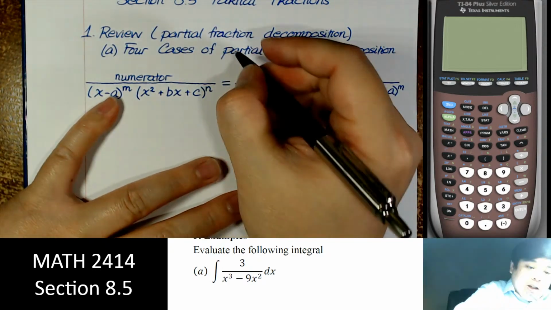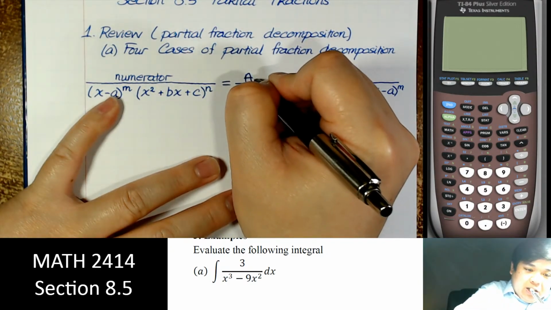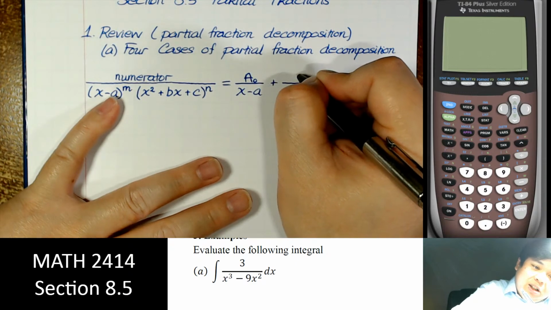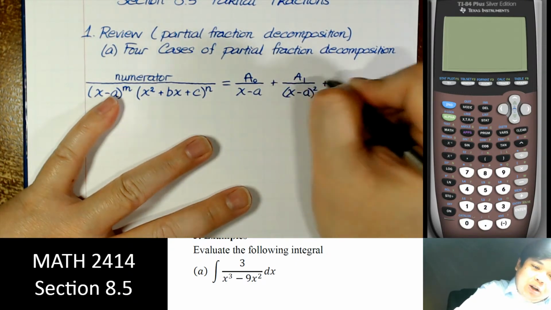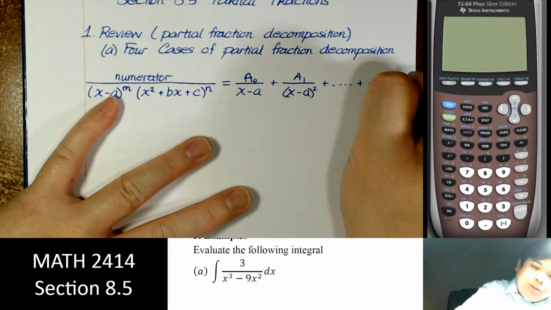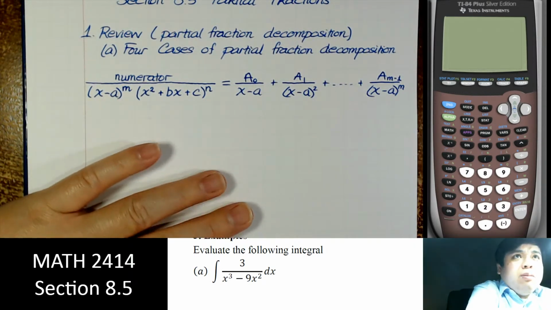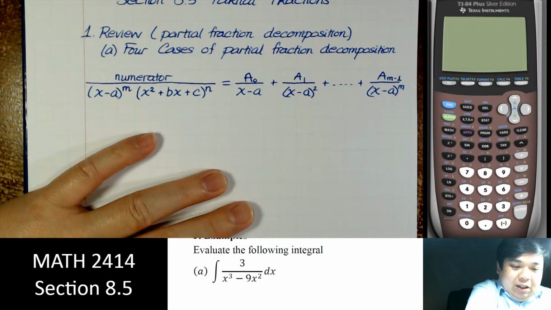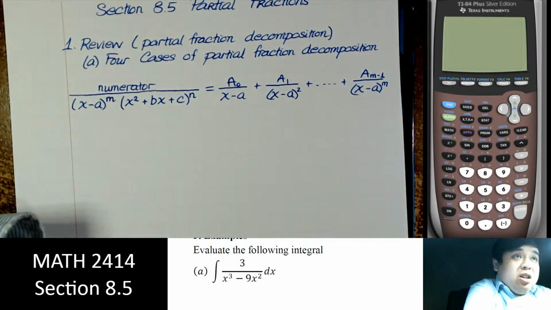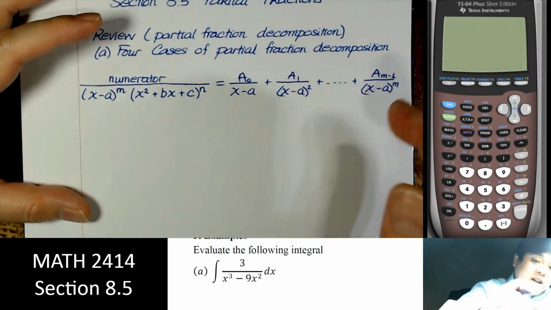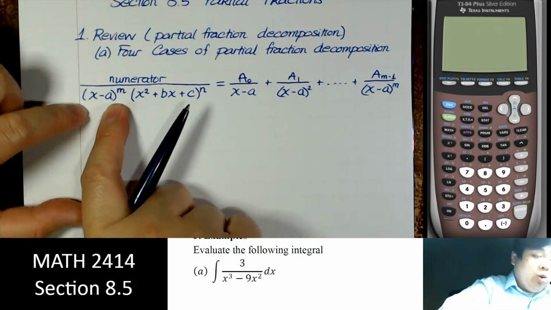At the top, we have the coefficients, let's say a0, a1, all the way to m minus 1. The top coefficient doesn't matter, we don't need that further. So that's for the linear factor.